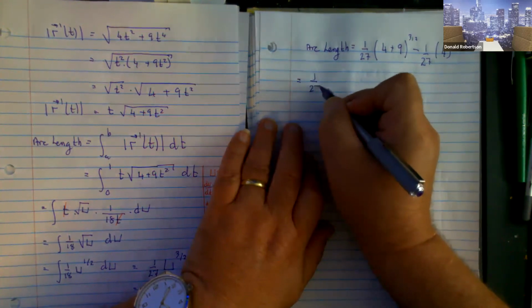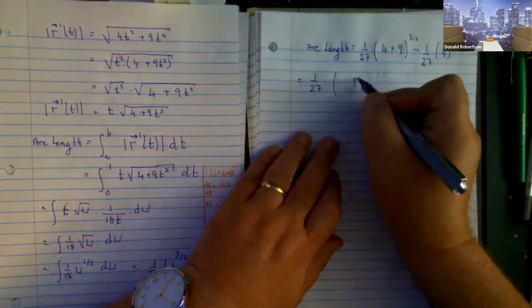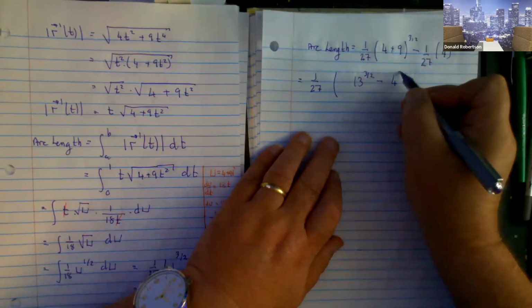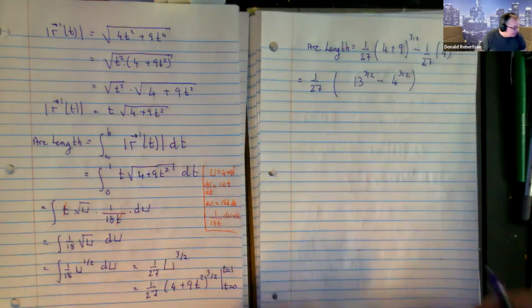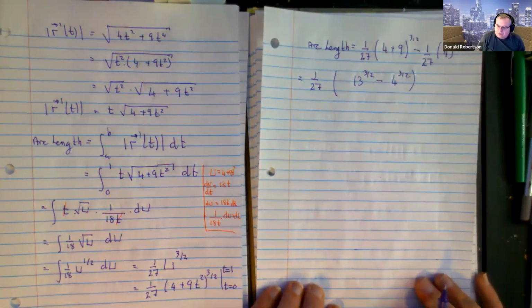So that's 1/27, and let's pull it out as a common factor: 13 to the 3/2, take away 4 to the 3/2. So far, so good. Right, now we've got to do style points.